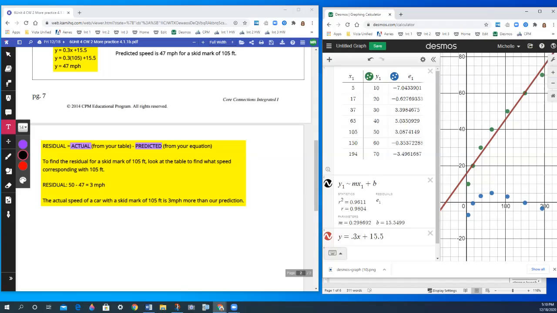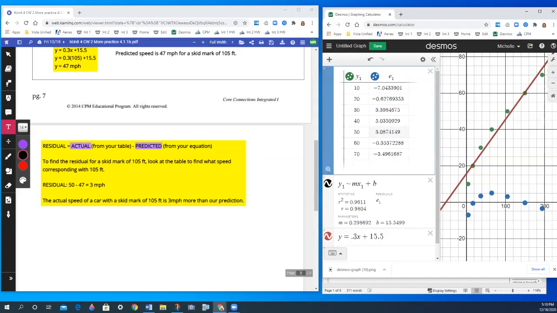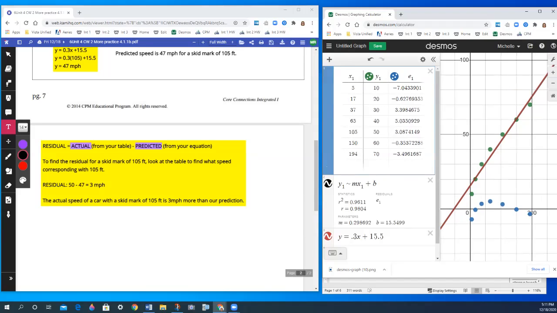So all of these are those residuals. Now this one right here, 105, 50, gives us 3.087. Ours was 3 because we rounded, they aren't rounding. So ours was not exact.